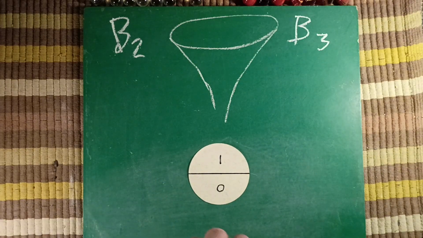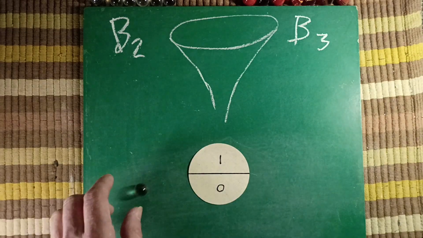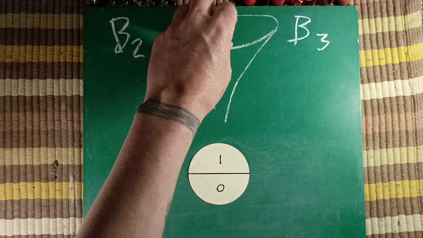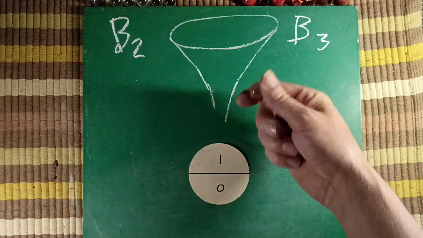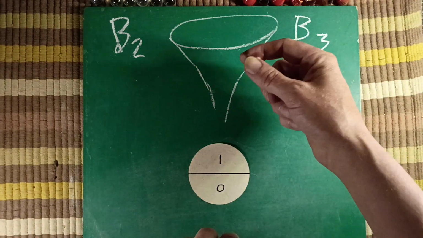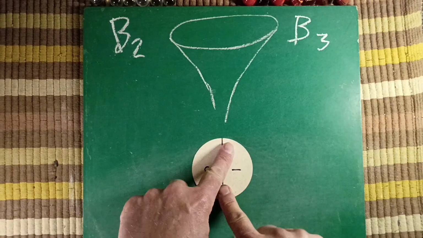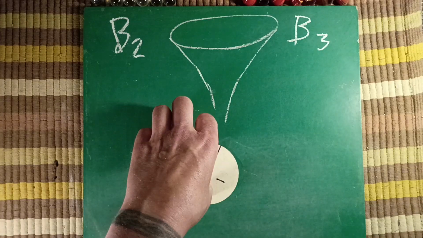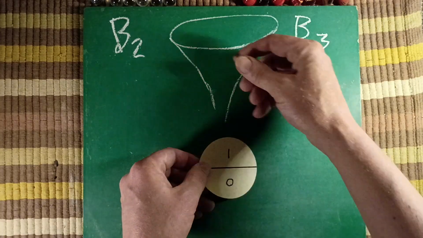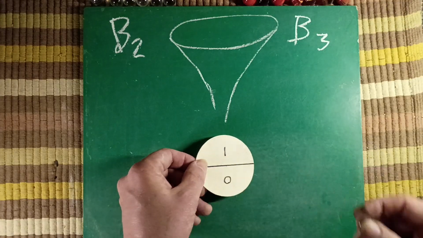So let's say this is one of our base 2. We put that down the funnel, and let's say it does contain a 1 or a 0. Well, let's say this turns mechanically, and it needs to match up with whatever information this holds.